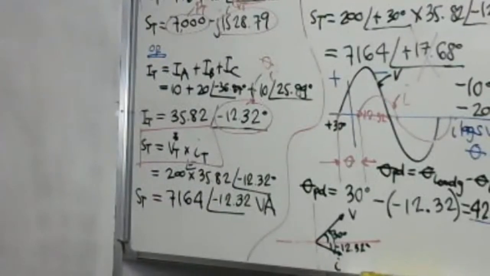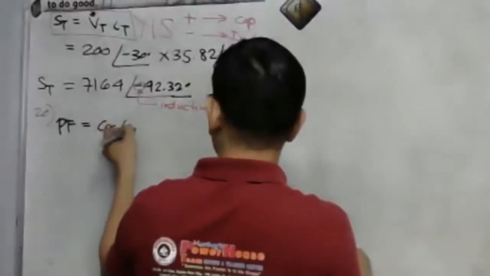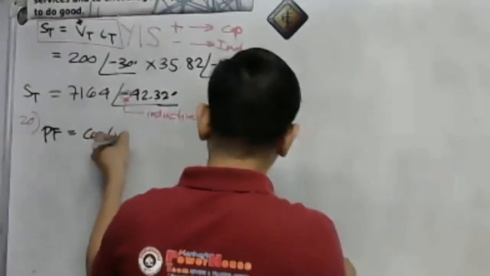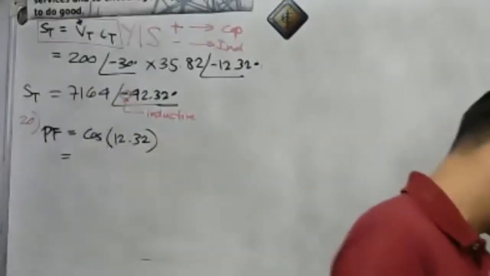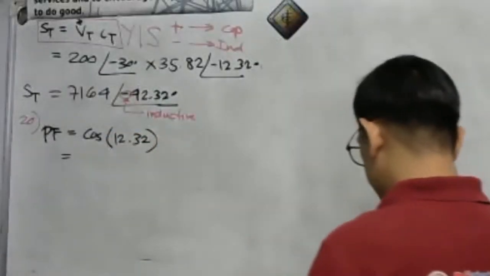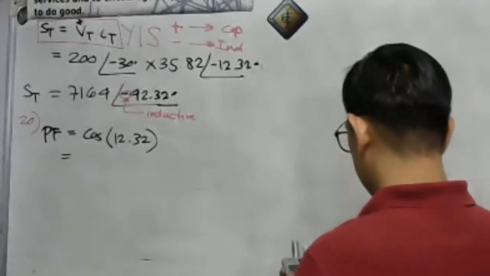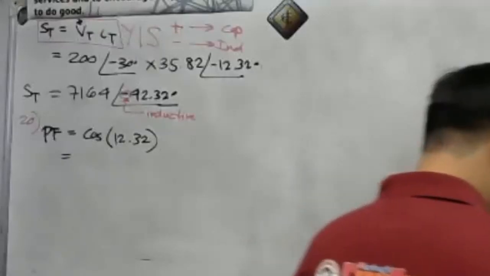You can put plus or minus. Remember that cosine theta is equal to cosine of negative theta. So, we have cosine of 12.32. That is 0.977 lagging.